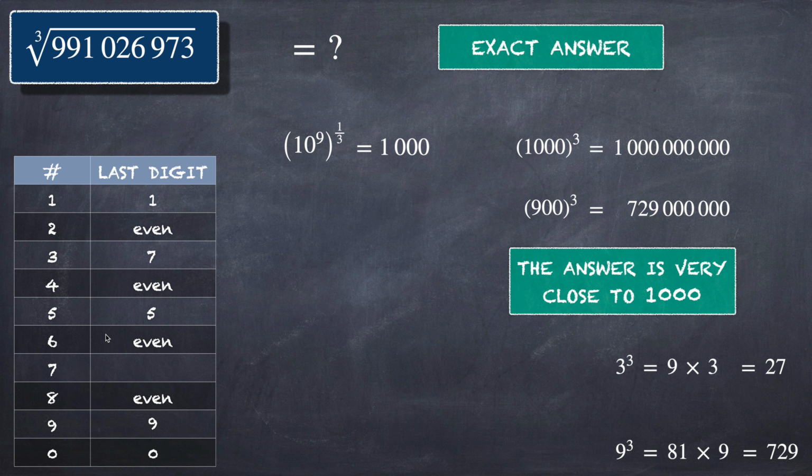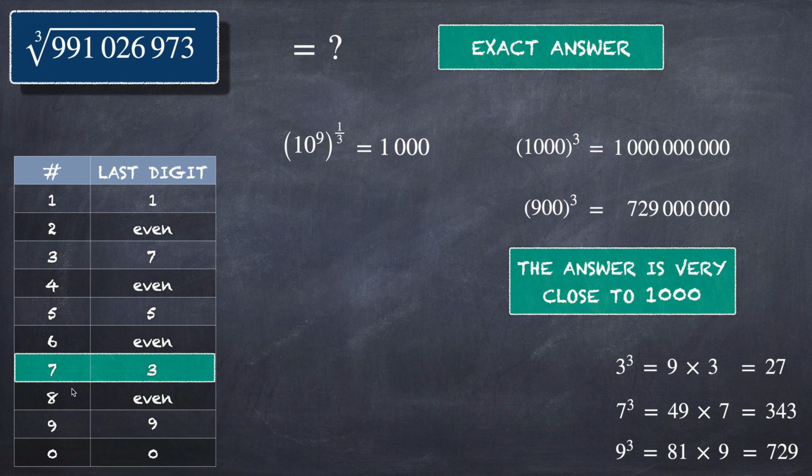So the last remaining possibility is 7. But let's verify. 7 to the third power is 7 squared, 49, times 7. 7 times 9 is 63, and 7 times 4 is 28, plus 6, 34. So 3, 4, 3. The last digit is indeed 3.